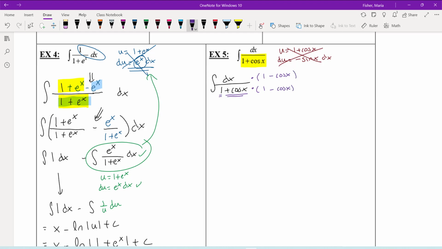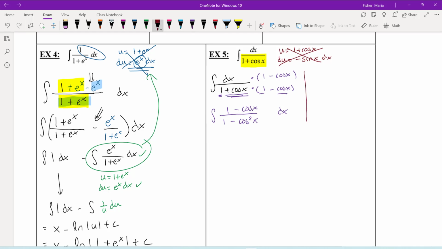So I'm going to multiply top and bottom by 1 minus the cosine of x. This numerator just becomes 1 minus the cosine of x dx, and the denominator, if we were to FOIL that, would be 1, and then minus cosine of x plus cosine of x would cancel, and then minus cosine squared of x.